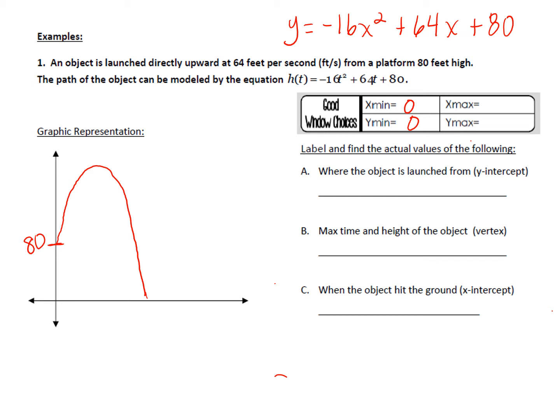But I can actually answer part A. It says where the object is launched from, so that is our 80 feet. Again, we can see this in our equation as well. That is our 80, so it's always that constant in our equation. Then the max time and height of the object, and so that's going to be letter B up here.